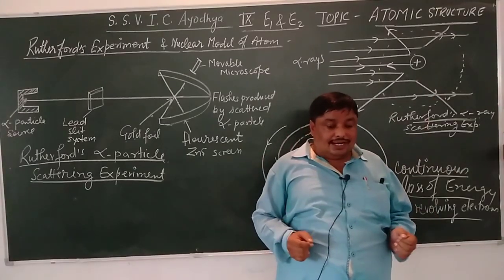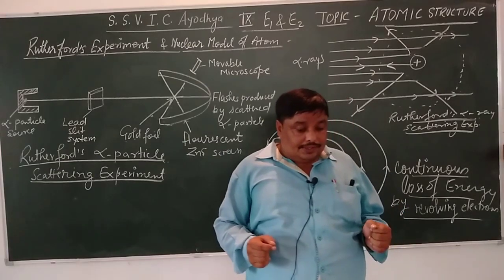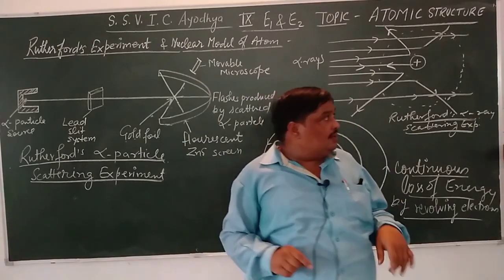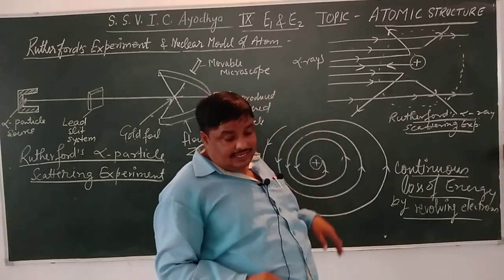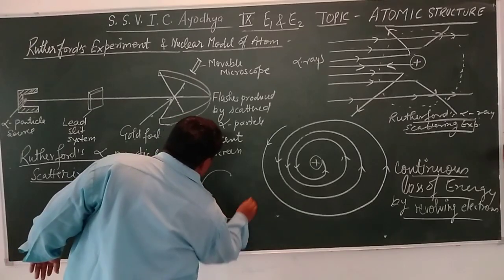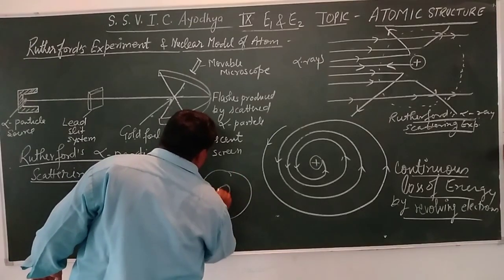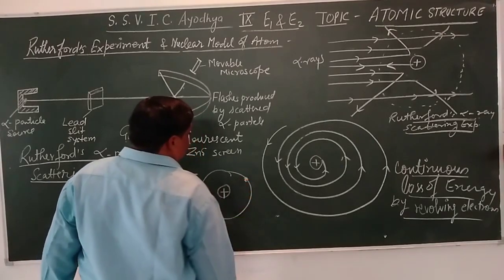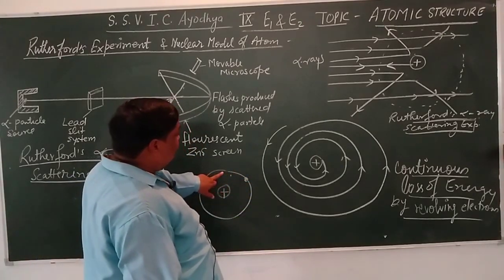According to this model, the hydrogen atom has only one electron and one proton. Hydrogen has one proton in its center and one electron revolves around it in a spherical path.